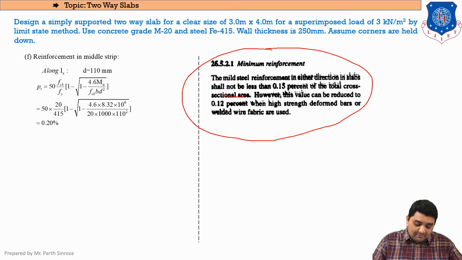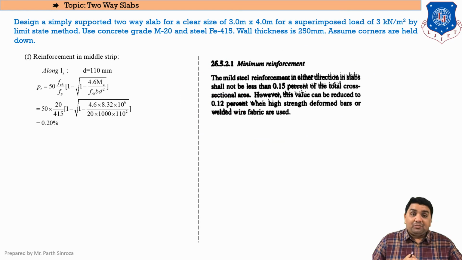So for HYSD bars, our minimum percentage is 0.12. So always check after finding PT that the value is greater than 0.12 or not. If the value is not greater than 0.12, then you need to redesign the slab entirely. So this check is a must if you want to get full marks in your examination.